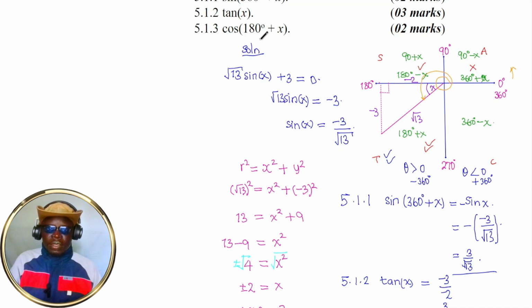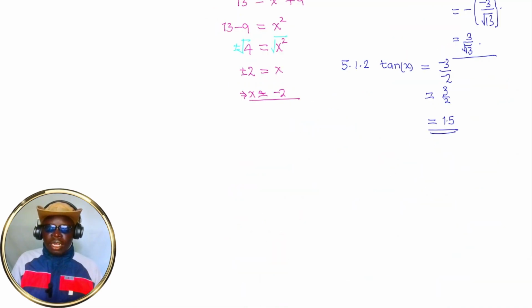So when you look at this, that is cos in this quadrant. And cos in this quadrant here is negative because it's only tan that is positive, sine of that angle x, and cos of an angle x here above negative. I think the numbering is 5.1.3. That is cos of 180 plus x. So this is equivalent to negative because it is in the third quadrant, cos of this angle x.